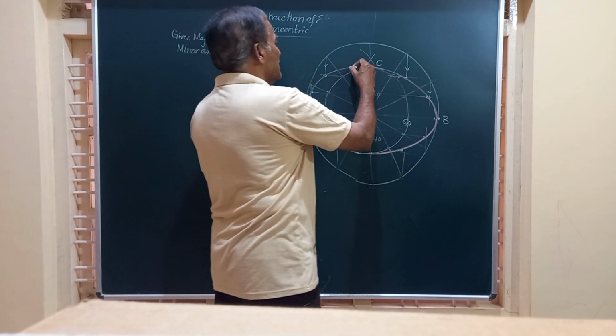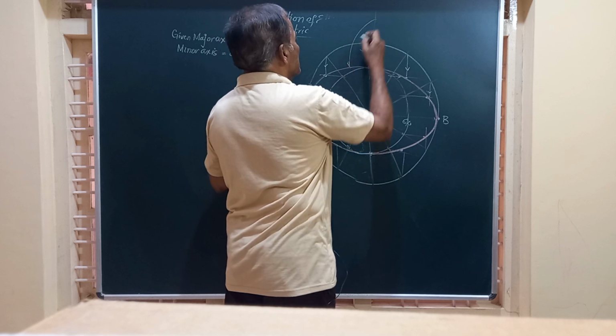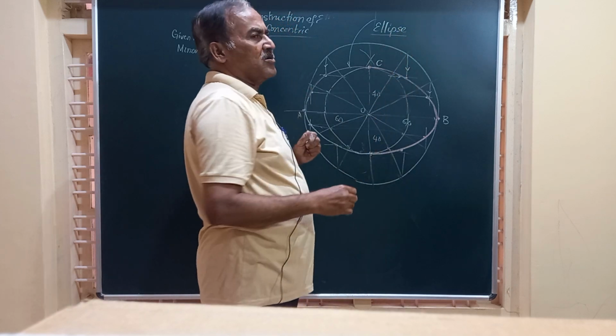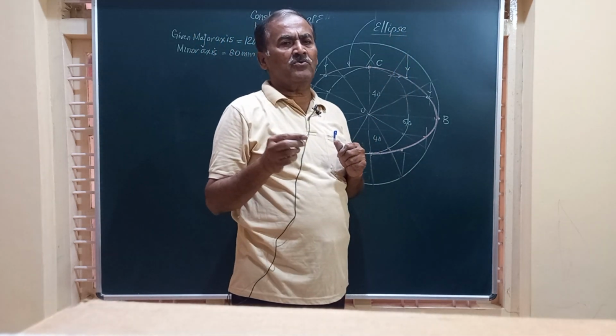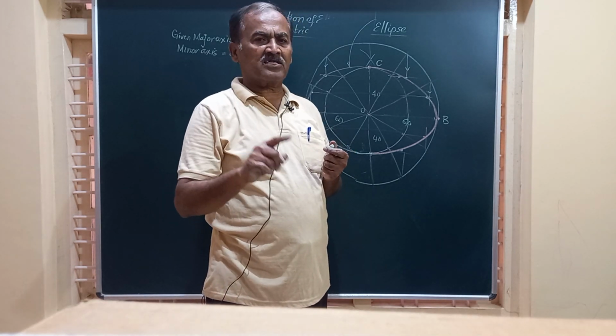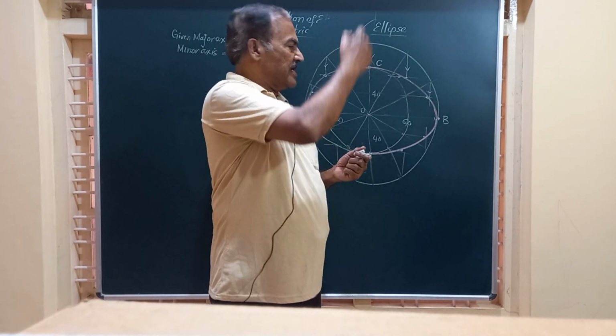Friends, this figure, whatever you have got here, is the ellipse, which is obtained using the concentric circle method, wherein we are given the major and minor axes of the ellipse.